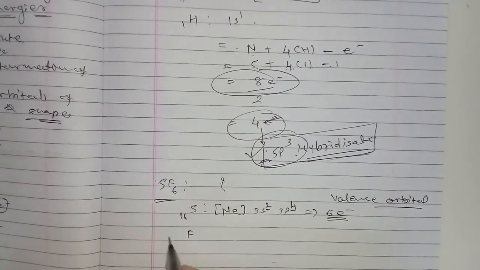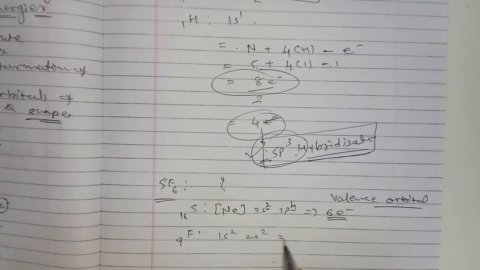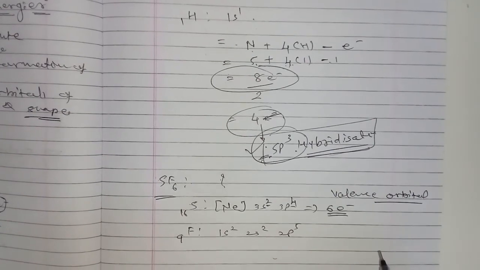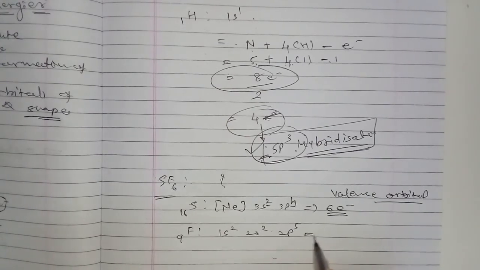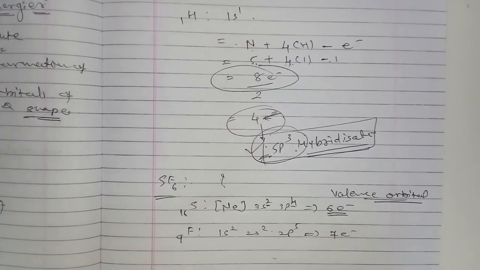For fluorine, the atomic number is 9, 1s2 2s2 2p5. So 2 plus 5, total 7 electrons in the valence orbital.